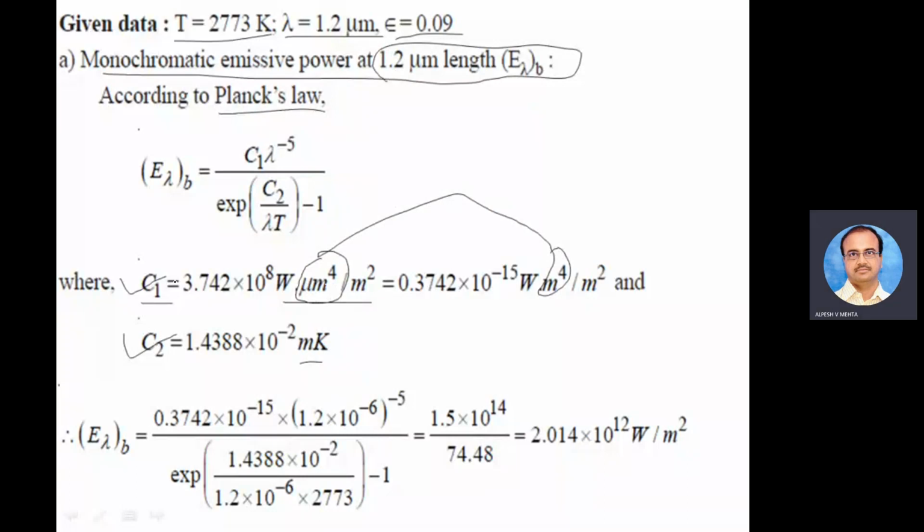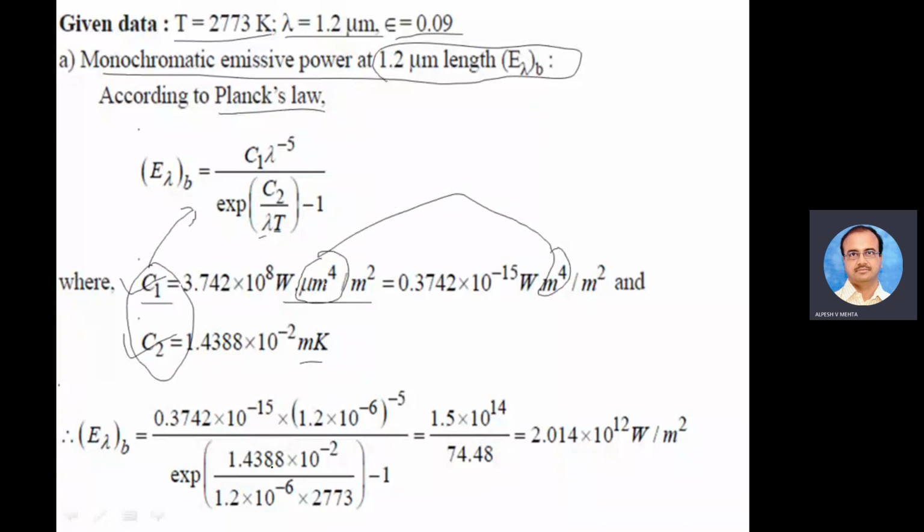So now simply we have to put the values of C1 and C2 in this equation. We also know the values of lambda and T, so everything is available in this equation.